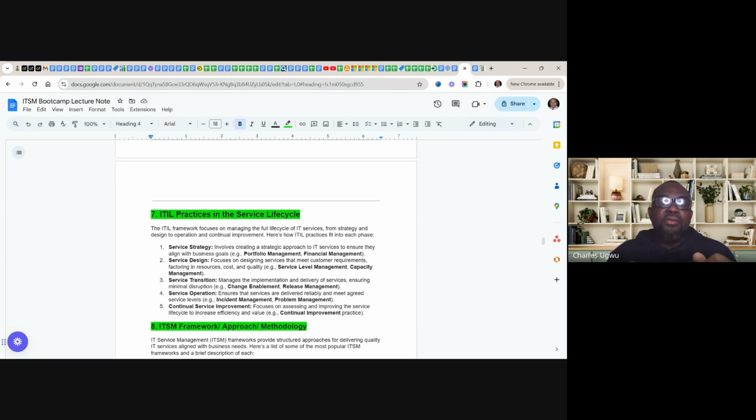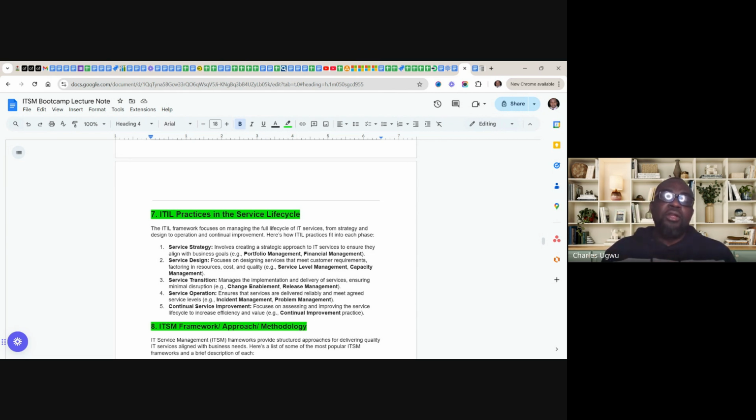Here we have service strategy. We have service design. We have service transition. We have service operation, and we have continuous service improvement. This is life cycle.